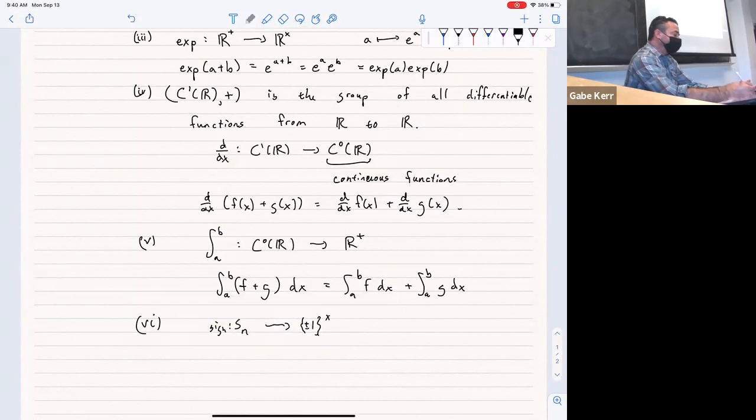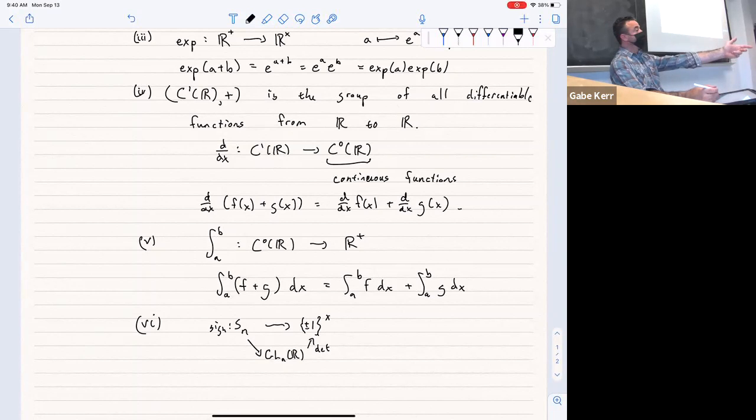And the reason is that this homomorphism actually factors through two homomorphisms. One is you take a permutation and you assign its permutation matrix. When we looked at that, there was a theorem in that section which said that composing permutations goes to the product of permutation matrices.